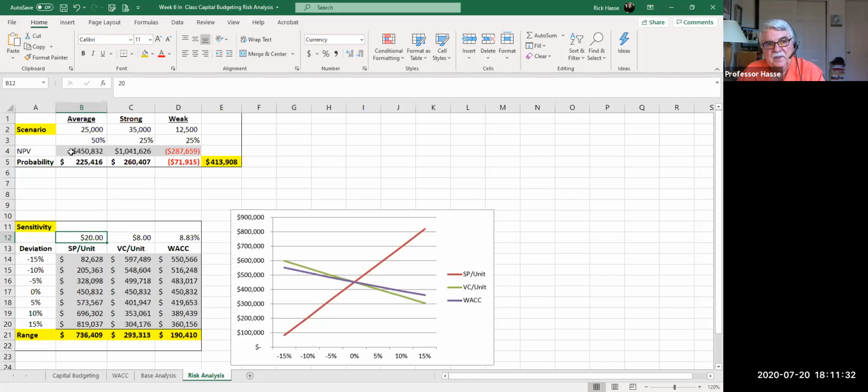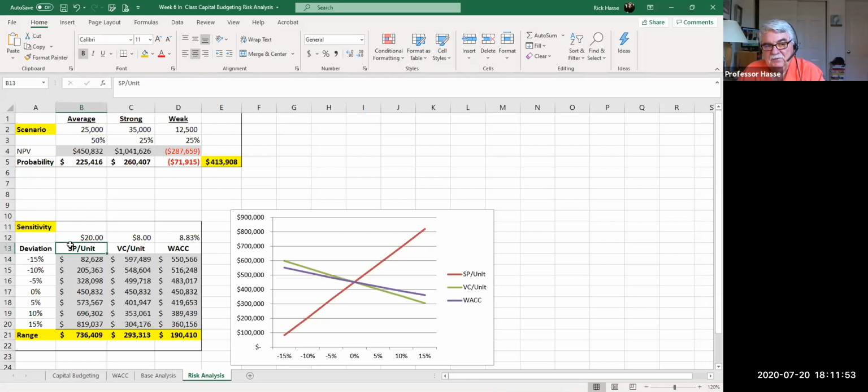Scenario analysis is based on outputs. Then we took a look at sensitivity analysis, which takes a look at changing a deviation of percentages of key variables and how those deviations in the percentages affect NPV.